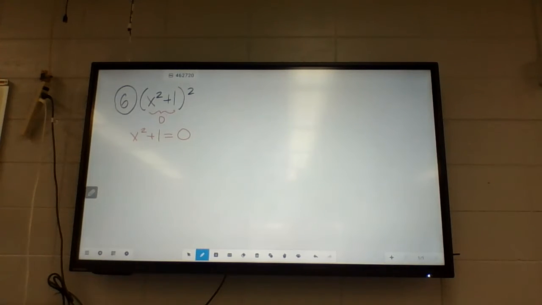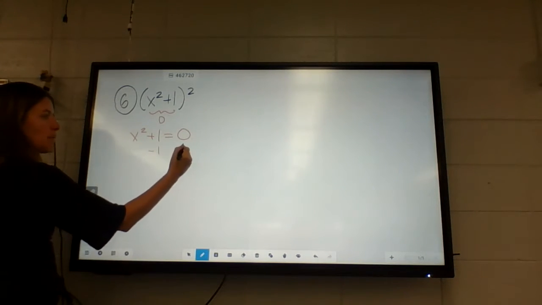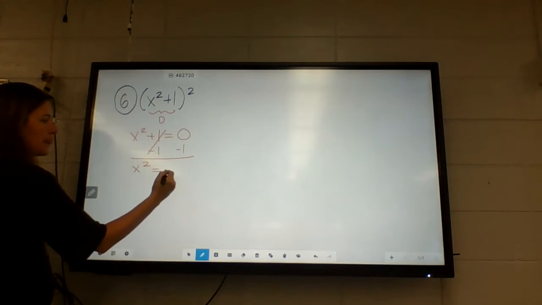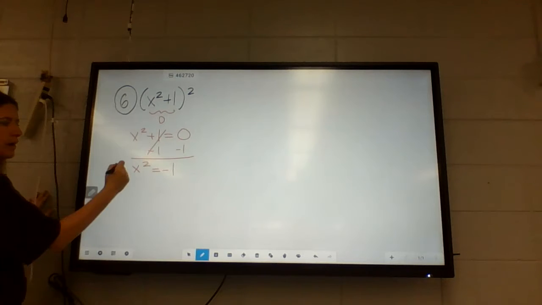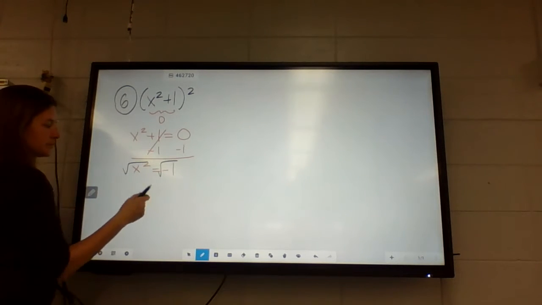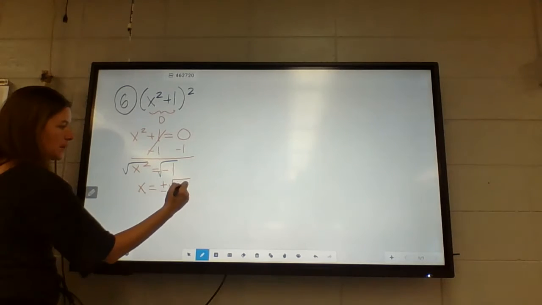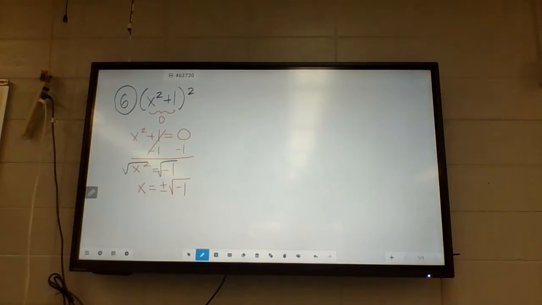Okay, so guys, we're going to set these factors equal to 0. Now, it's x squared plus 1, you could write that twice, so we know there's going to be multiplicity there. So then when I go to solve this, I'm going to move this 1 over, so I can't factor that. So then we're going to take the square root of each side. So the square root of -1, we found that that equals i.